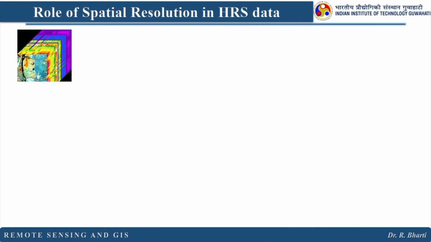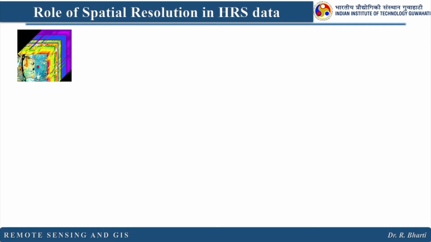Here, one thing we need to understand very carefully is the role of spatial resolution in hyperspectral data. It is very important to understand what exactly we mean by spatial resolution and its implication in hyperspectral remote sensing. So, assuming this is our pixel, can you see this red dot? You can see here, right?